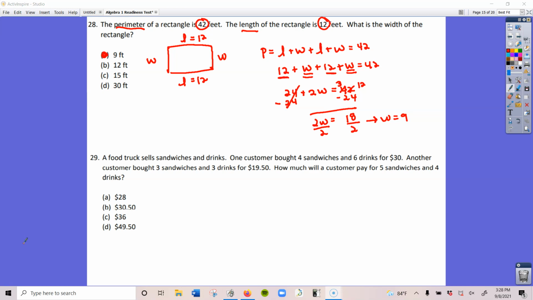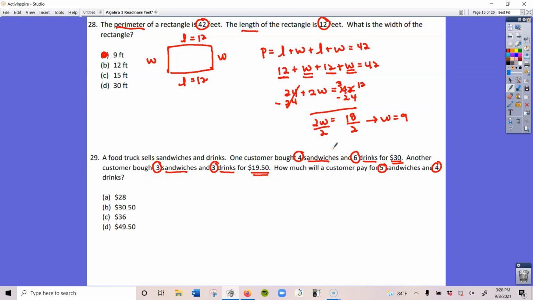Now this one says a food truck sells sandwiches and drinks. One customer bought 4 sandwiches and 6 drinks for $30. Another customer bought 3 sandwiches and 3 drinks for $19.50. How much will a customer pay for 5 sandwiches and 4 drinks?